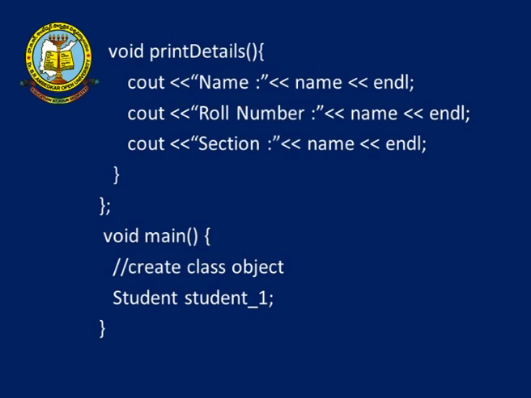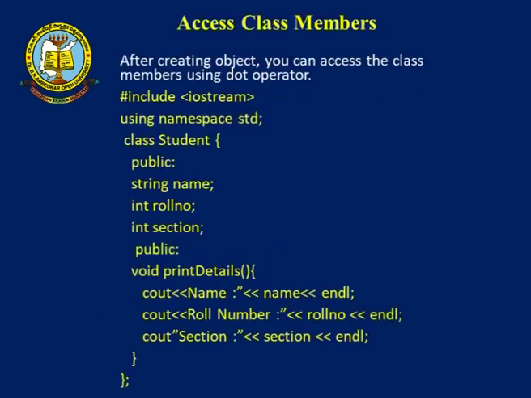When you create the object, at that time memory is allocated for that particular class. Now here we are accessing the class members using the object, using the dot operator. You can access the class members, variables and functions using the dot operator.